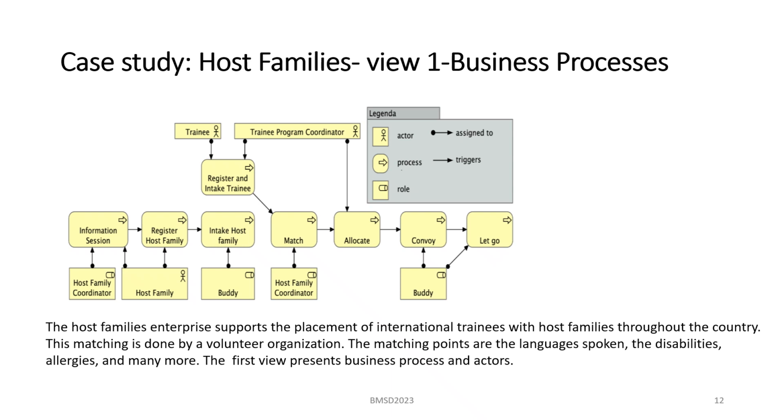We see the actors trainee, program coordinator, and the process register and intake trainee. We see host family coordinator, and the volunteer body, and the process register host family. There are processes match, allocate, convoy, and let go.